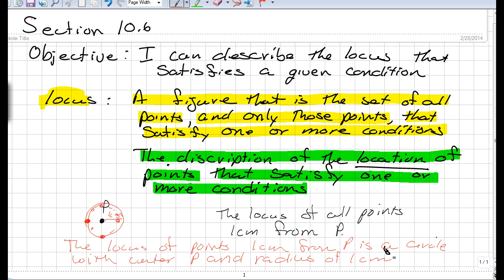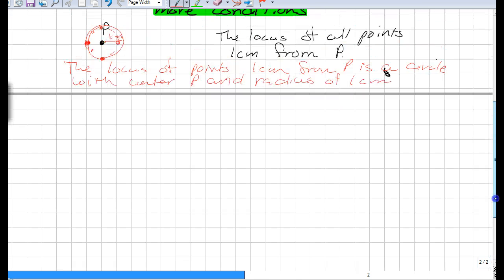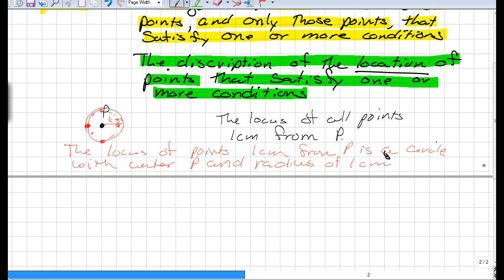So it's very, very clear which points I'm talking about, and my description leaves no room for any other points.